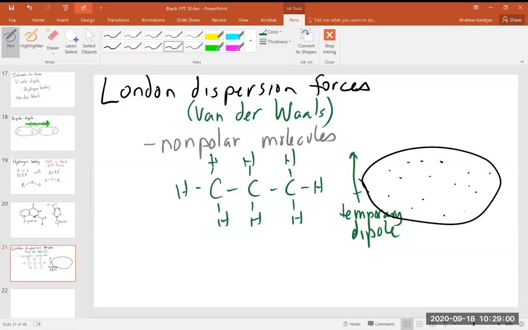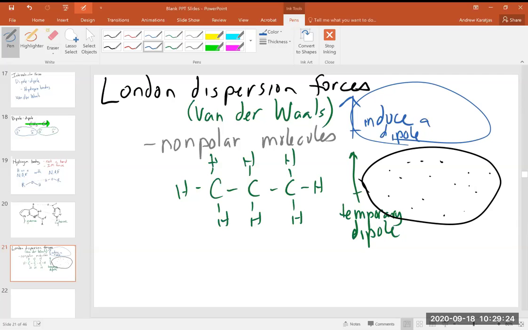And we say that it's temporary because as soon as the electrons start moving again, it can just as easily go away. At the same time, if there's another molecule nearby, it could induce a dipole in that molecule. And so we start to get some weak attraction.